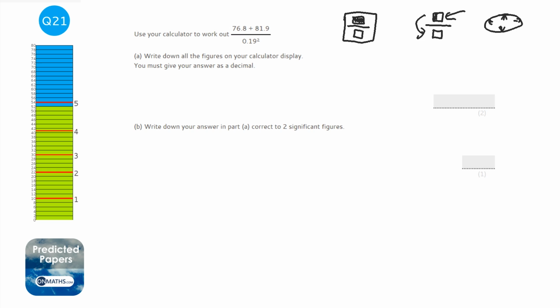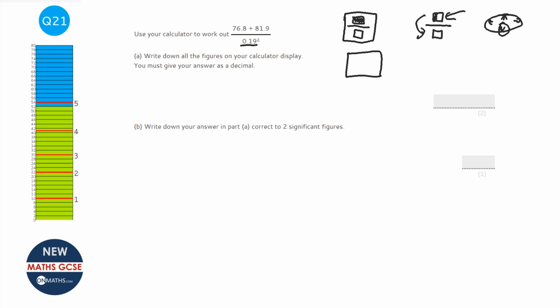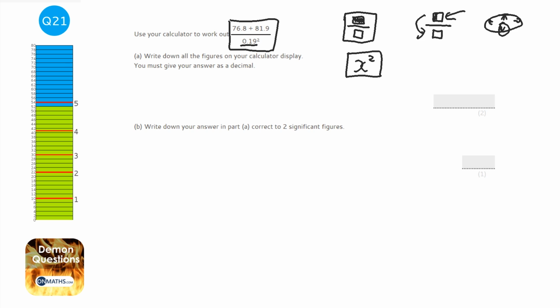It's the big blue button beneath the screen on most of the calculators, and you just push down to go to the denominator of the fraction. And then we need to fill in this bit here, so 0.19, and then to get the squared button, it's on like that. So you just press that, and it looks exactly as it does in the question on the screen, so you know you've got it right.